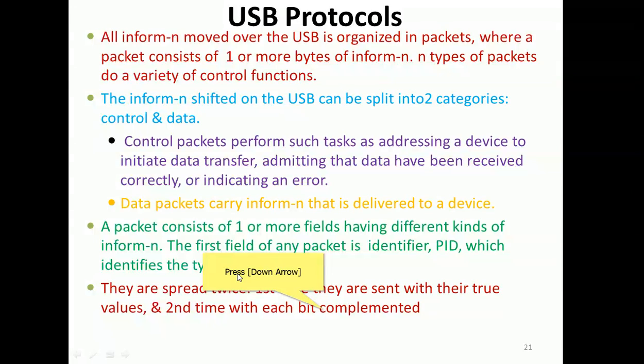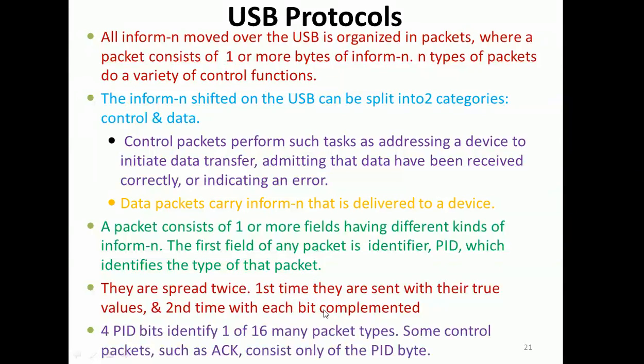So the first time it sends 1, the second time it sends 0. Real and complement data will be sent like that. So a 4-bit PID identifies one of 16 packet types.